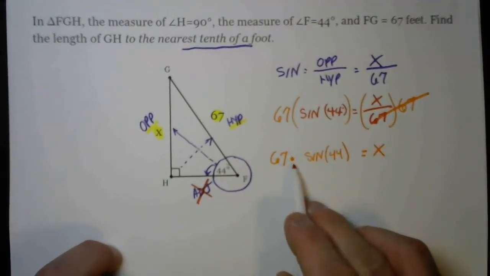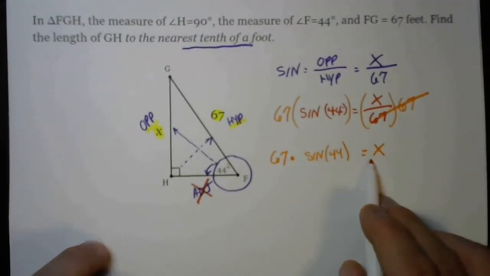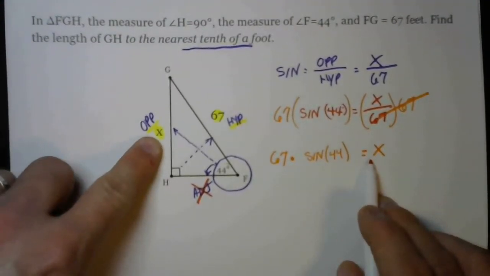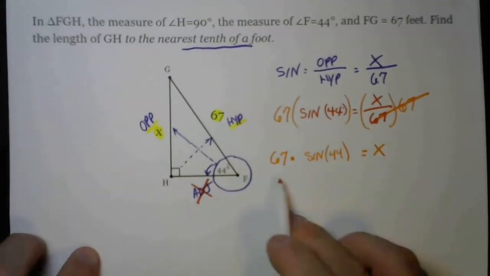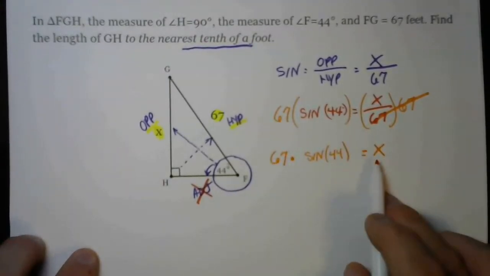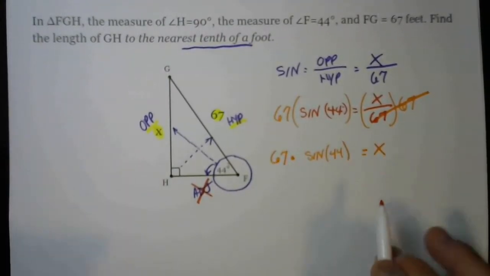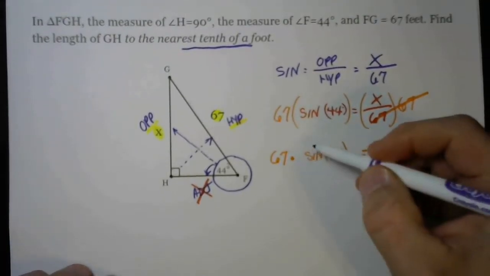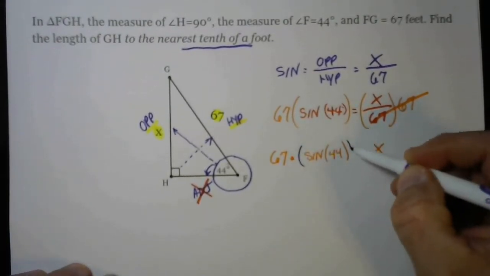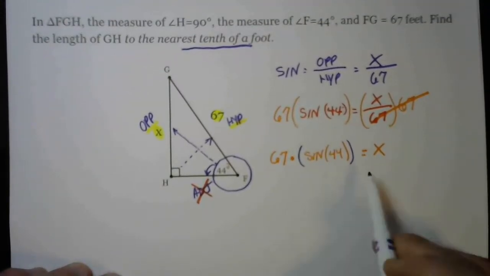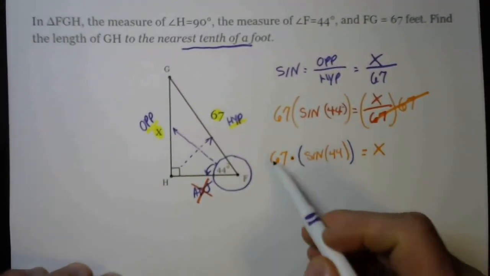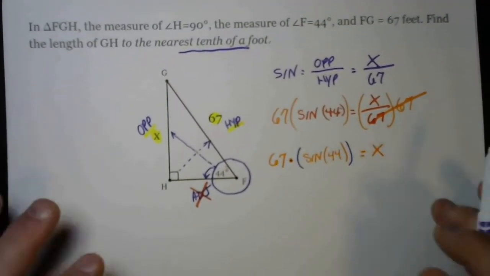So 67 times the sine of 44 equals x. That's what my side up here is going to be. But this doesn't make a lot of sense, does it? How do I do that in a calculator? I think this is the part where a lot of us are getting confused. Well, think of sine of 44 as just some number. It's just 67 times some number.